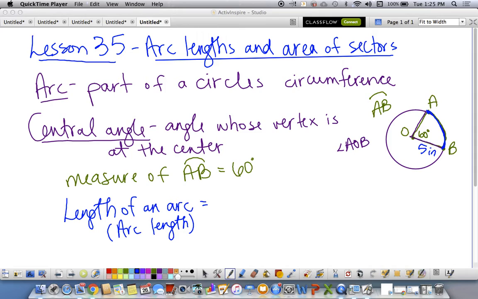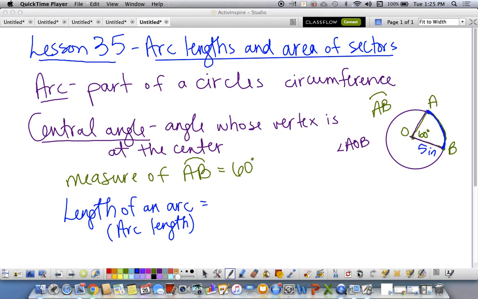Somebody said it's the circumference, but is it the whole circumference? No, what is it? Is it just part of it? So how do we take a part? Okay, going back a long time. What is a part of something? A piece taken out of the whole.